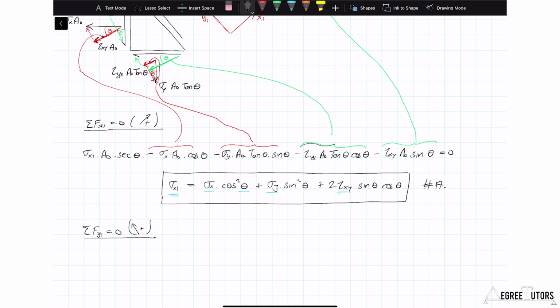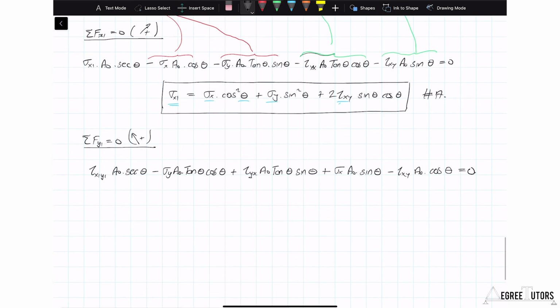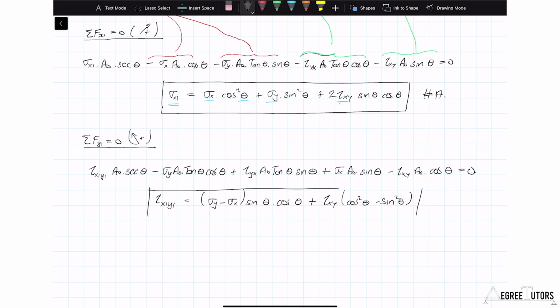So let me jot out these force components. So now we can tidy all that up a little bit. And ultimately, when we do our tidying up, we can rearrange that. Again, nothing too complicated going on, just a little bit of tidying up. We end up with tau x1 y1 equal to, excellent, let's box that guy up and call that B. So A and B are our two transformation equations, right?